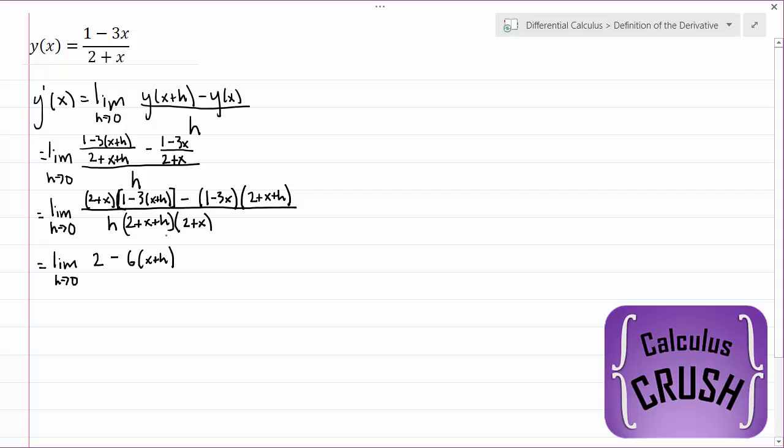And then we have plus x, and then minus 3x times (x plus h), minus, I'm going to keep the brackets here, 1 times 2, 1 times (x plus h), minus 3x times 2, minus 6x, minus 3x times (x plus h).